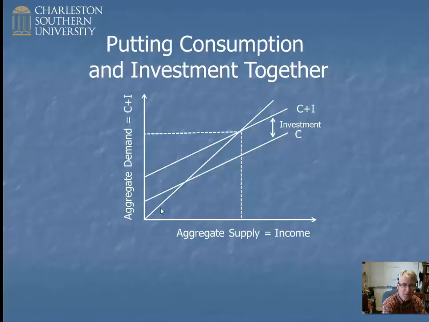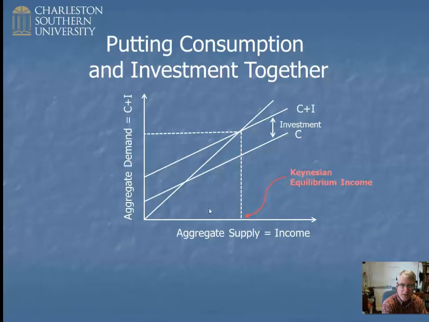So since this helping line was a 45-degree line, it turns out that this distance right here, which is aggregate supply, is exactly the same as this distance right here, which is aggregate demand. So when we're at this intersection of the C plus I curve and the 45-degree line, we are at Keynesian equilibrium because aggregate demand is exactly equal to aggregate supply.